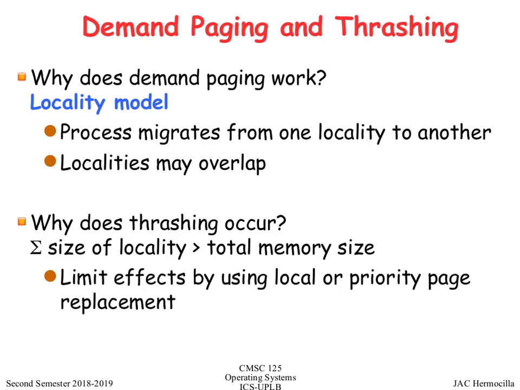So, if you have that mechanism, pwede mag-work na yun yung demand paging. Okay? And thrashing occurs when the sum of the sizes of the locality is greater than the total memory size. Okay, so yun yung mangyayari. Okay, so ito yung mga localities nila, then pag malaki yan sa memory size, doon ngayon i-trigger yung thrashing.